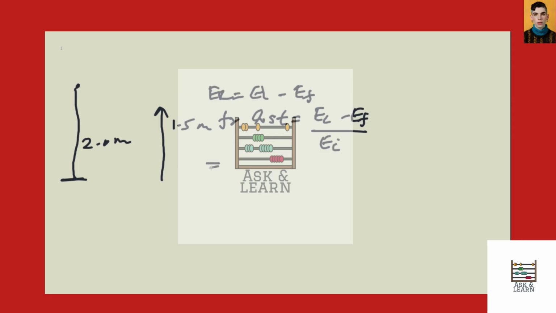The energy is basically gravitational potential energy, so it is mg y initial minus mg y final divided by mg y initial. In this case, the mg cancels, and you're left with y initial minus y final divided by y initial.